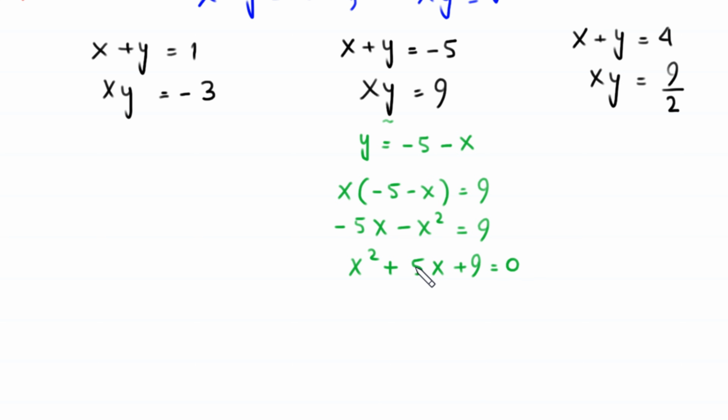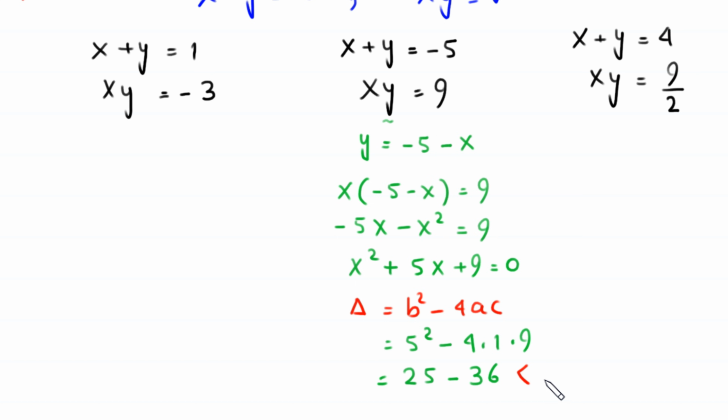We see the discriminant of this equation, that is also called delta, that is equal to b squared minus 4ac. Since b is 5, so this will become 5 squared minus 4 times a is 1 times c is 9. So this will become 25 minus 36, which is less than 0. So no real solutions can be found from this case.